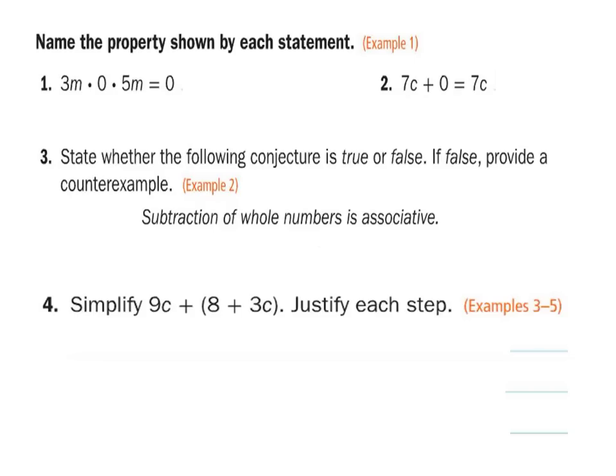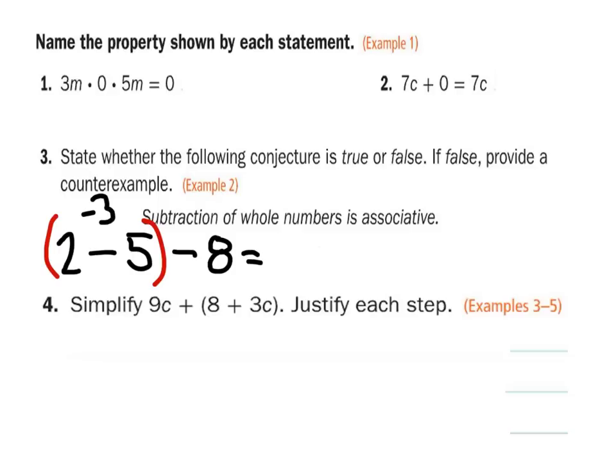All right, let's look at 3 then. So someone give me a number. 2, 5, 8. Okay? And since we're subtracting these, let's see how this works. I'm going to put the parentheses right here and solve. So 2 minus 5 is negative 3. Minus the 8 is negative 11, right?